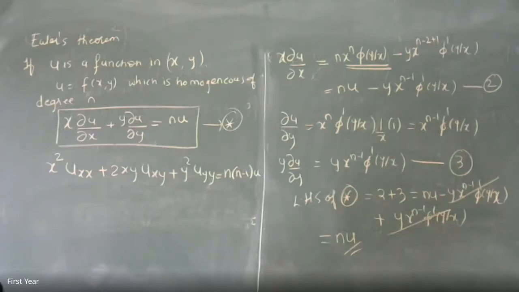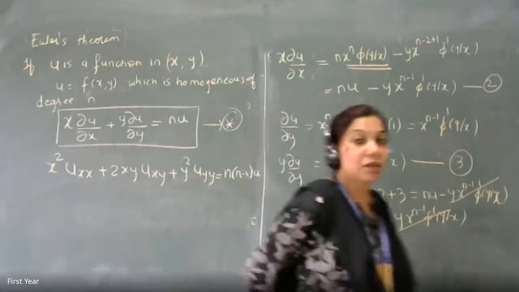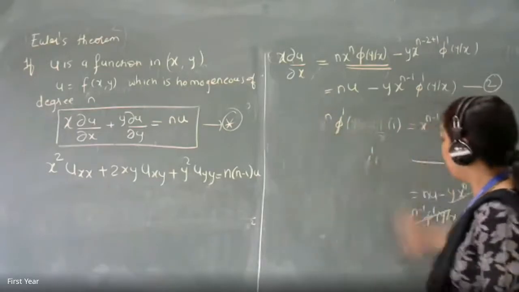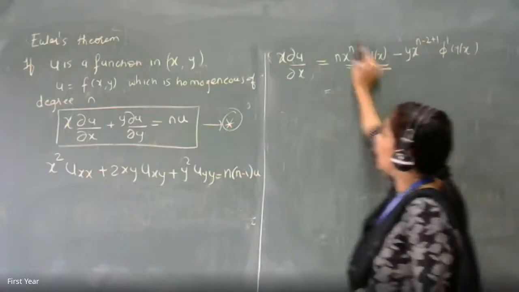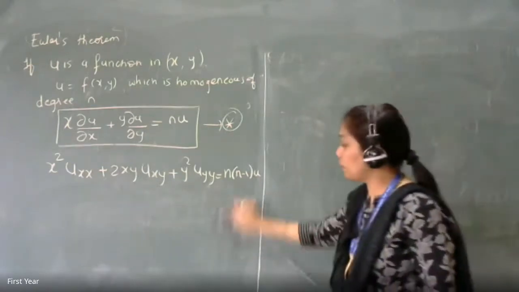Now we'll go to solve the questions. I'll start with a simple one, the ones which we have already done, the homogeneous function, and then we'll go to the complex one. Rather than complex, it is only lengthy, not difficult. This part is the easiest topic in partial differentiation.